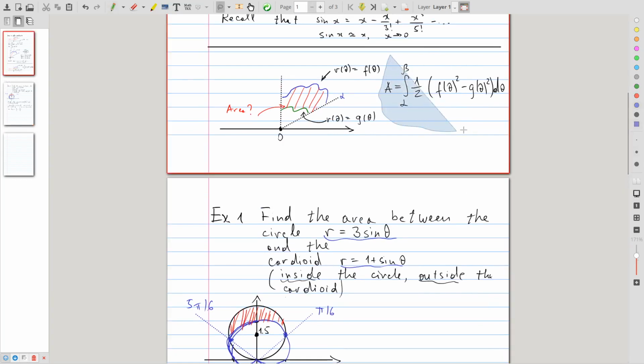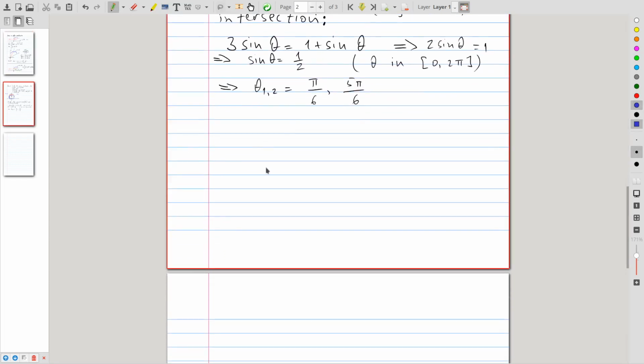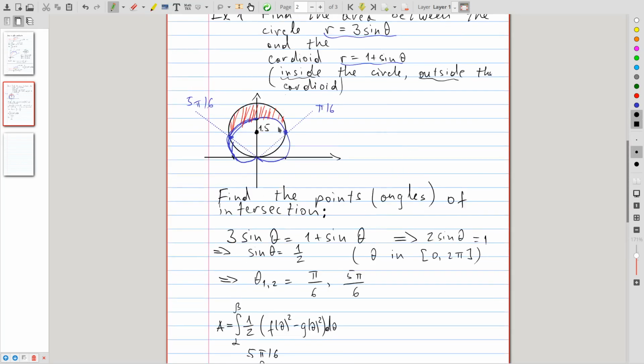Okay, so we will take this formula and go ahead and plug in our specific information. So we have that area equals the integral from pi over 6 to 5 pi over 6 of 1/2 then outer curve minus the inner curve. So the outer curve, according to this picture and to our conditions, is the circle.